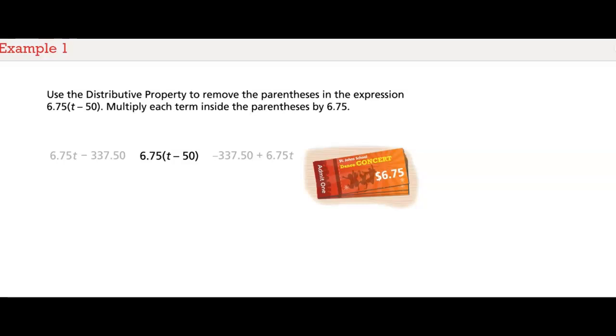Multiply each term inside the parentheses by 6 75/100ths. 6 75/100ths times T minus 6 75/100ths times 50, which simplifies to 6 75/100ths times T minus 337 50/100ths. 6 75/100ths times the quantity T minus 50, and 6 75/100ths times T minus 337 50/100ths are equivalent expressions.